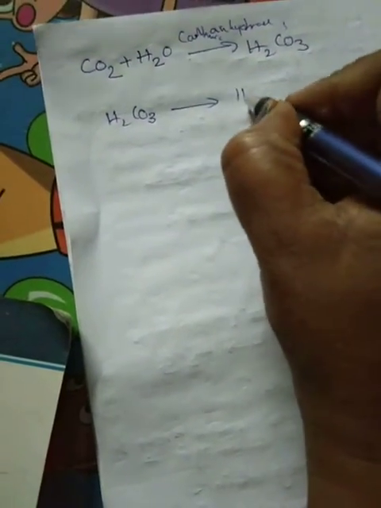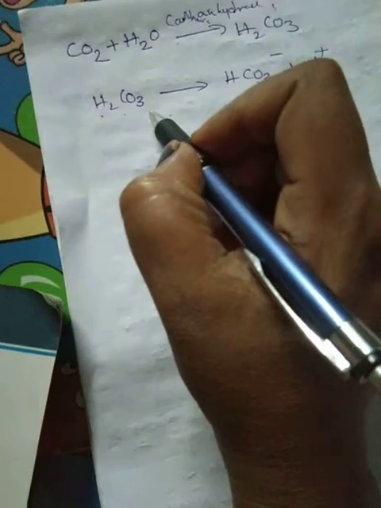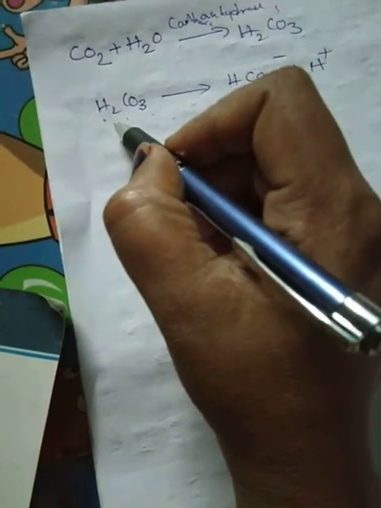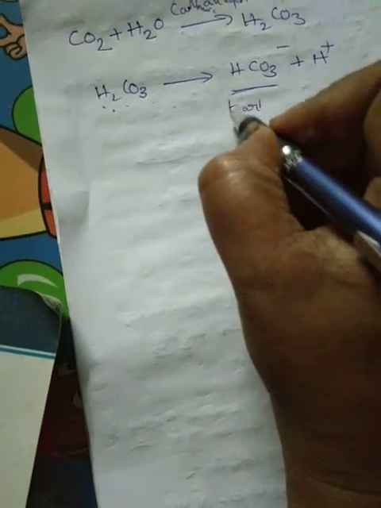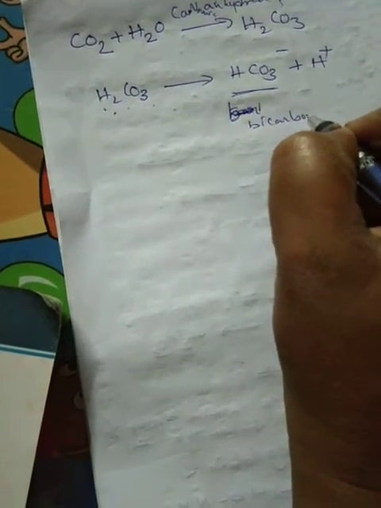And H2CO3 then dissociates into HCO3 minus and H plus ions. One H plus ion is separated, then forms the bicarbonate. So HCO3 minus is bicarbonate.